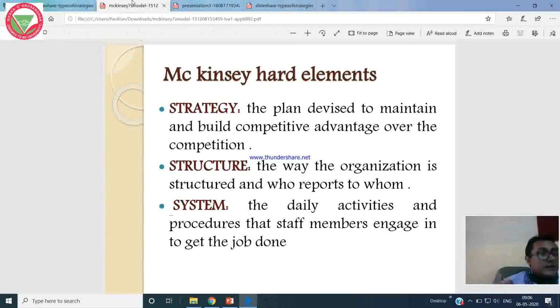Similarly, if you keep adding more departments to the organizational structure, what will happen? There will be a communication gap. See, if you go to a government office, I'll tell you one difference. Why is this decentralization, this simplification of the organization structure, important? In a government office, if you go and meet an officer, all officers will have their own cabins.